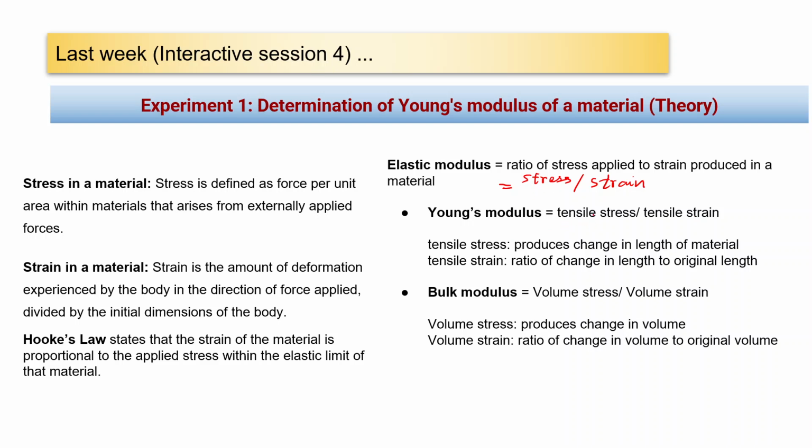If the force applied to the material produces a change in length, then it is tensile stress, and the strain produced is tensile strain. The ratio of tensile stress to tensile strain is known as Young's modulus. Whereas if there is a material of volume V, and we apply stress such that its volume is reducing, then this will be called volume stress and the strain will be called volume strain, and the ratio of this stress to strain is called bulk modulus. So these were the things that we discussed. We also did a few problems based on it.